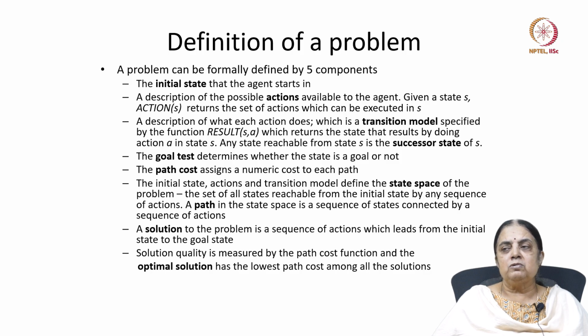Suppose you are in a particular state S, then ACTIONS(S) returns all the actions that are possible for the agent to do from that state S. Then you get what is called the transition model, which is specified by the function RESULT(S, A). In other words, if you are in state S and you carry out action A, then what you get is a new state, the successor state.